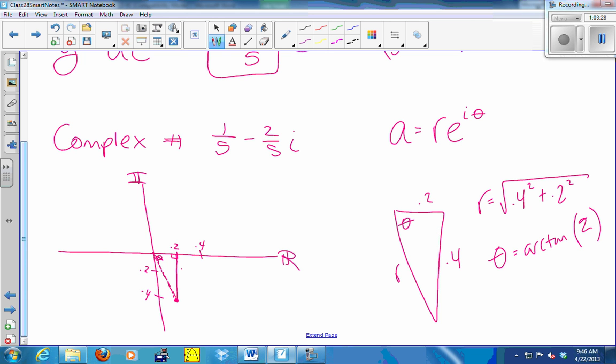Oh, the sign does matter. The way you deal with it is to put a negative 0.4 because it's down. So this is the arctan of -2. All right, so then R ends up being 1 over √5, and theta ends up being about -63 degrees.